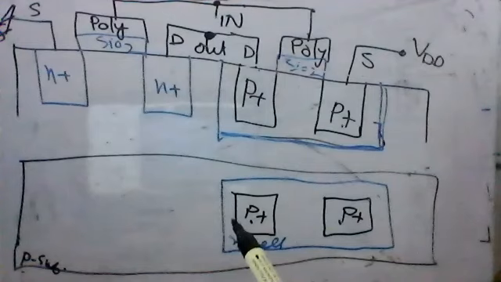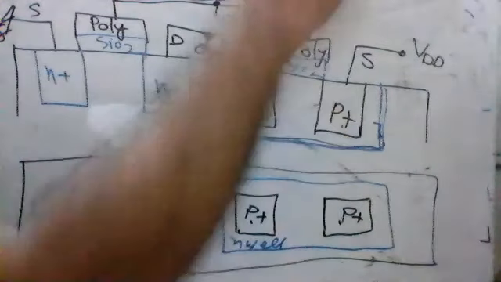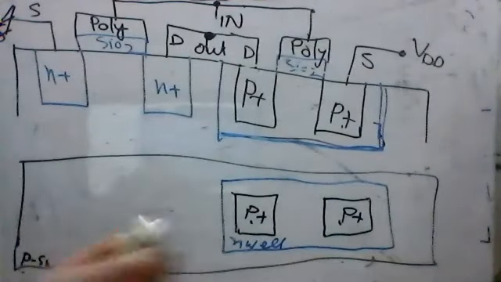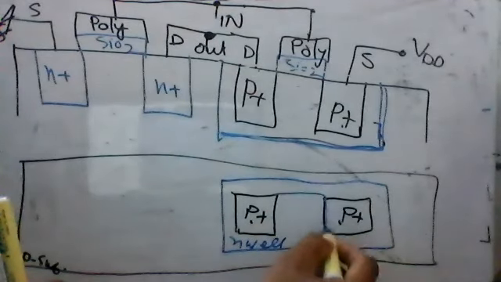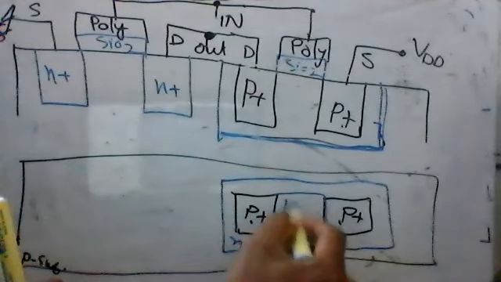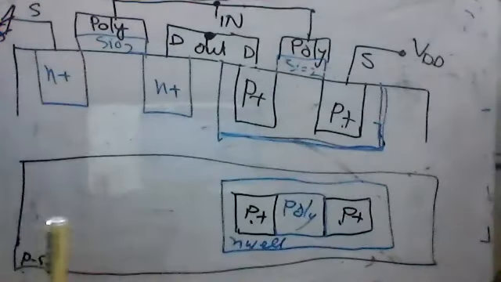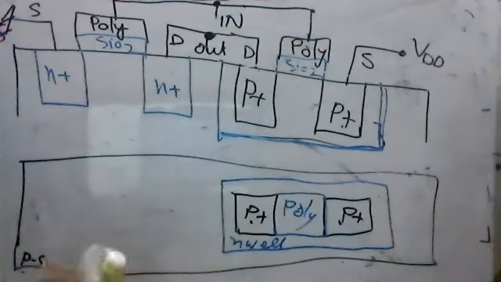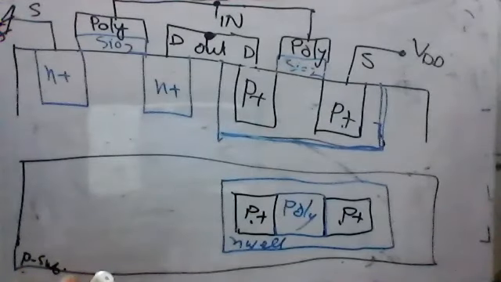And from the top, you cannot see the silicon dioxide. We'll see only the poly. Silicon dioxide is here, but we will not be able to see that. We will see only the poly from the top. So this side is P type silicon, this is a PMOS.